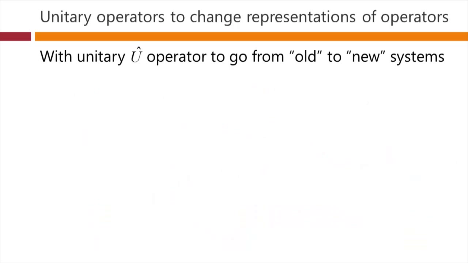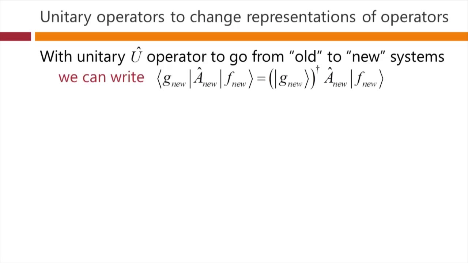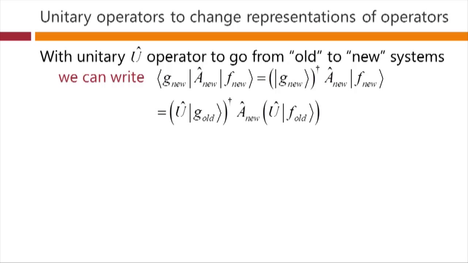Well, with our unitary operator U to go from old to new systems for vectors, we figured that out, we can write the following. We can take our bra vector g new, we can turn it into a ket vector with a Hermitian adjoint. And then we know how to write down that ket vector, g new, in terms of the old version of that ket vector.